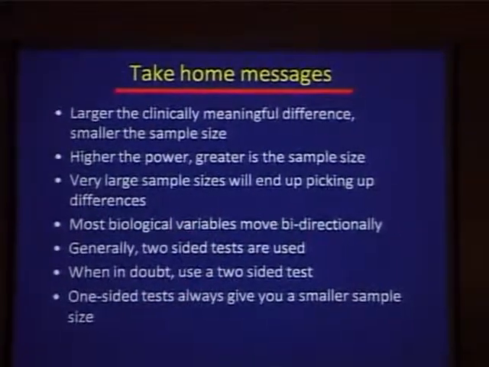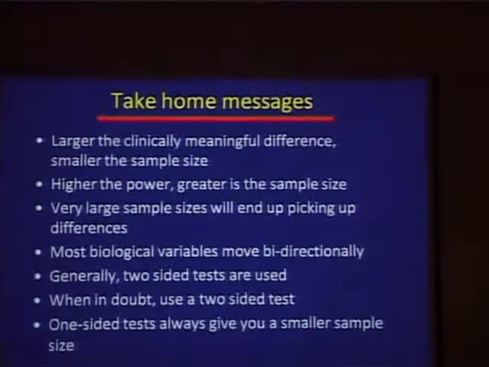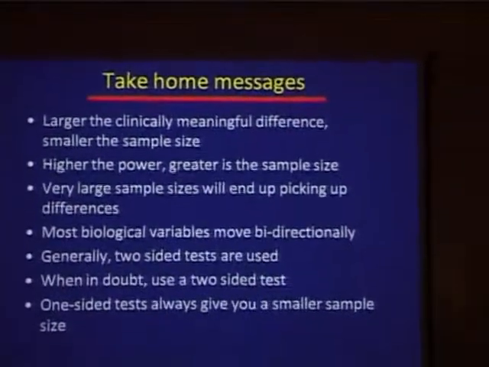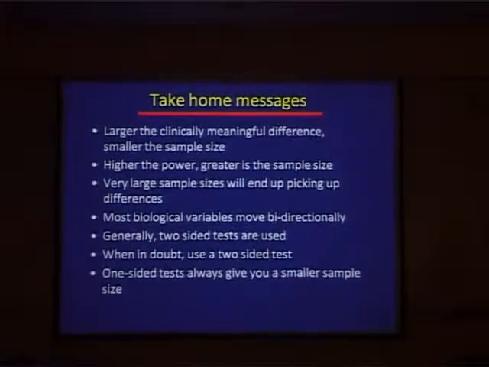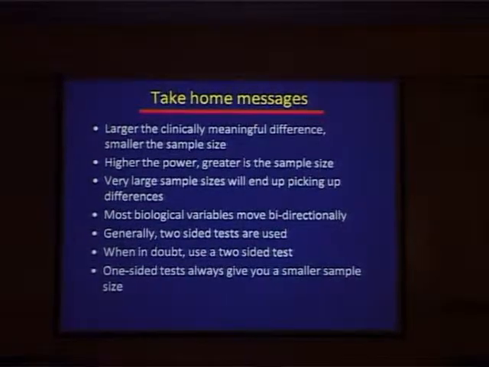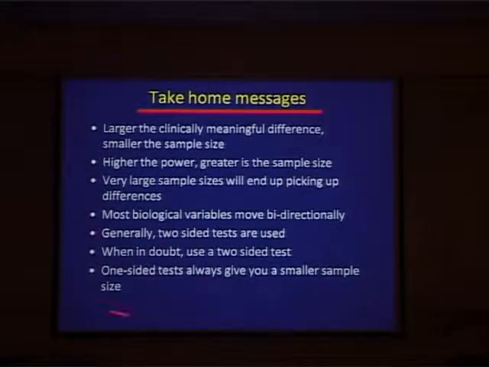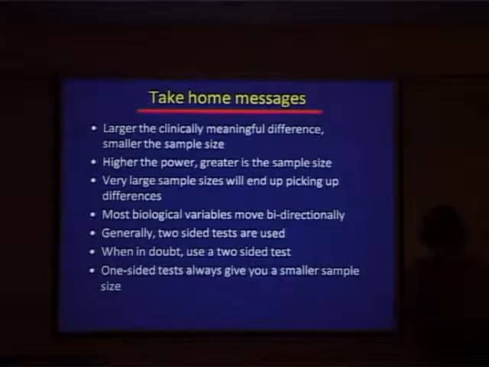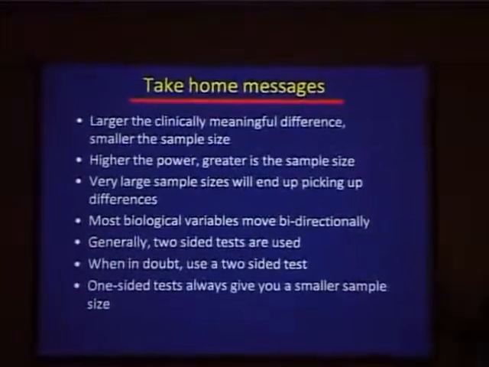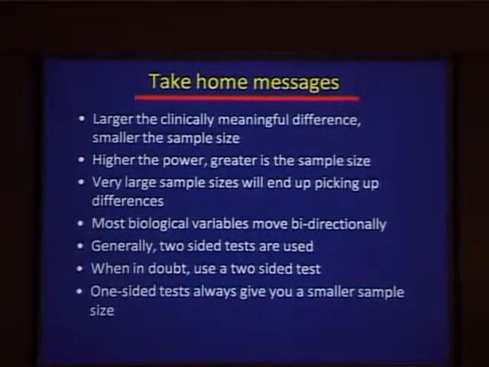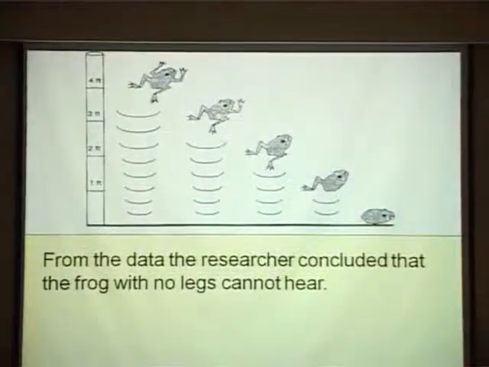Remember that most biological variables that we deal with move bidirectionally, including height. Generally, when you're dealing with biological variables, use two-sided rather than one-sided tests. And another rule of thumb is when you use one-sided tests, which sometimes people do, you will end up with a smaller sample size rather than a larger sample size.